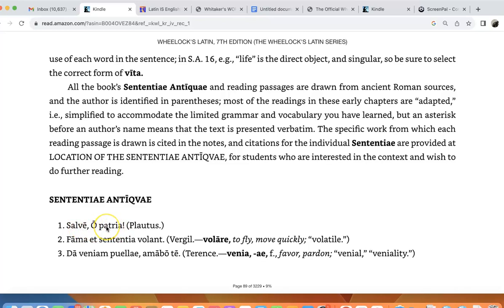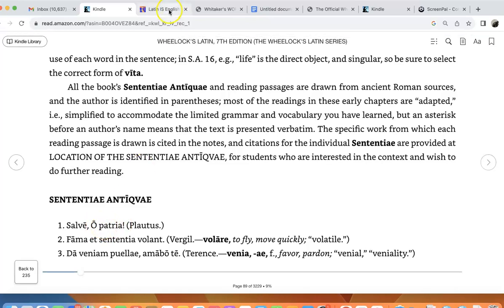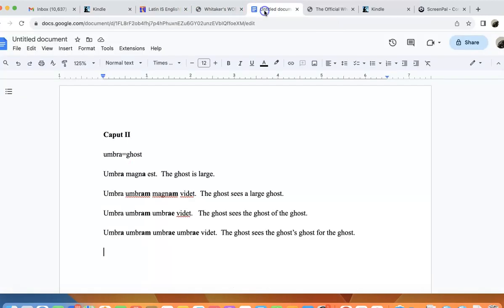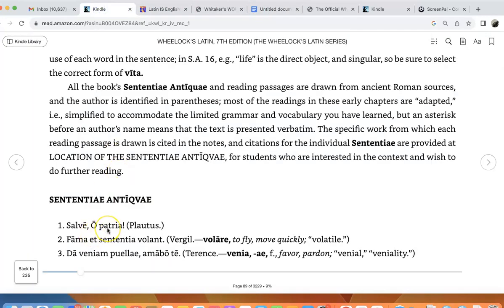Or if you're in the Roman military and you're out serving several months or years, it's nice to be able to return home to your homeland and country. So salve, O patria. Once again, in this chapter there's not a lot of grammar explanation. When we get to later chapters, we will spend more time like we did here giving the examples, but these are so short and simple. You just have to remember what they are.